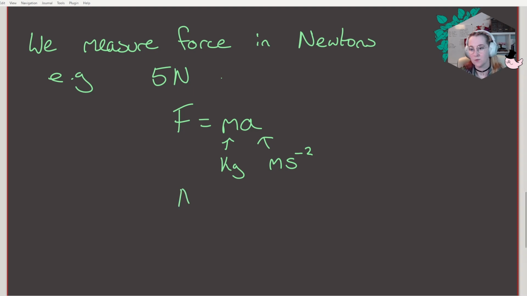So that gives us that 1 newton is 1 kilogram meter per second squared. So it's kilogram times meters over seconds squared. Don't know why you'd want to use this immediately, but if you're checking equations down the line, it's really useful to know what units you're using if you need to check side by side.